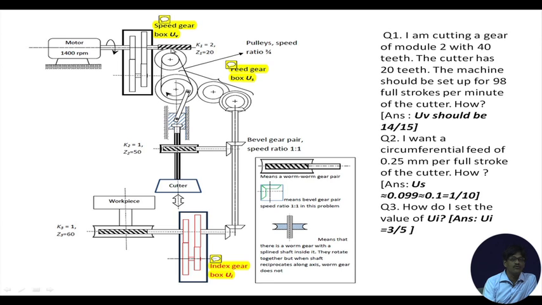So we have a worm and worm gear pair just beyond the speed gearbox. What does this pair do? It has number of starts equal to 2, and the number of teeth on the worm gear is equal to 20. This is the worm gear, and it will undergo rotation.